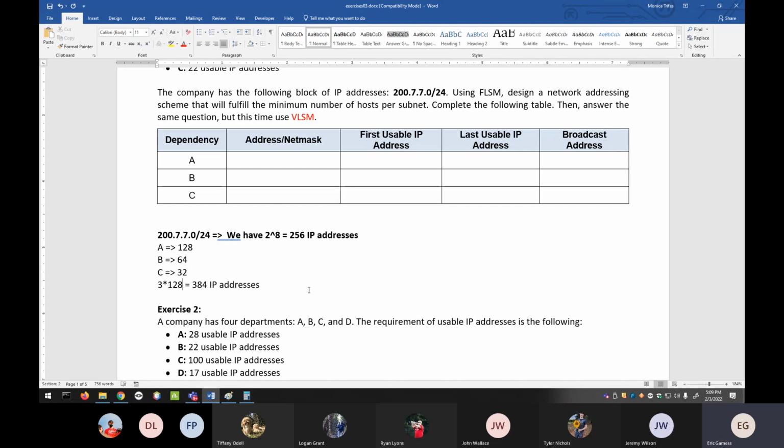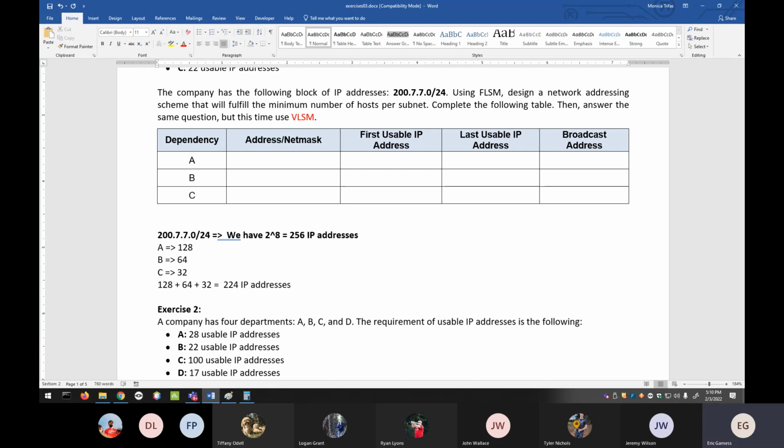So what will be my total requirement in IP addresses? It will be 128 plus 64 plus 32. What is that? 224 IP addresses. Do I have them? Yes.